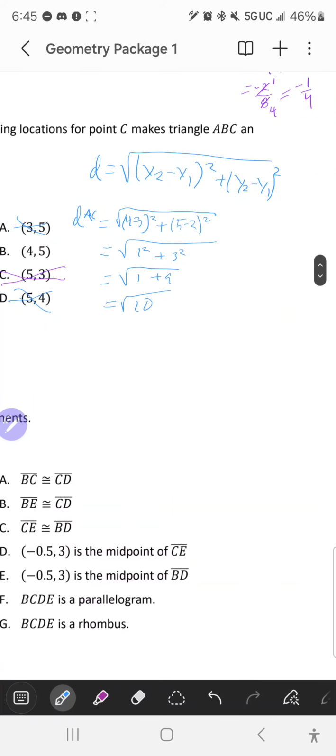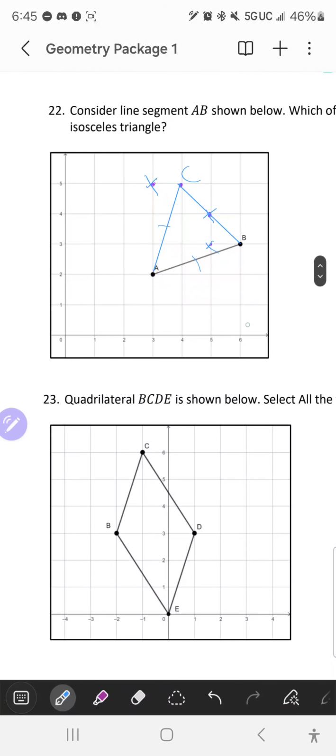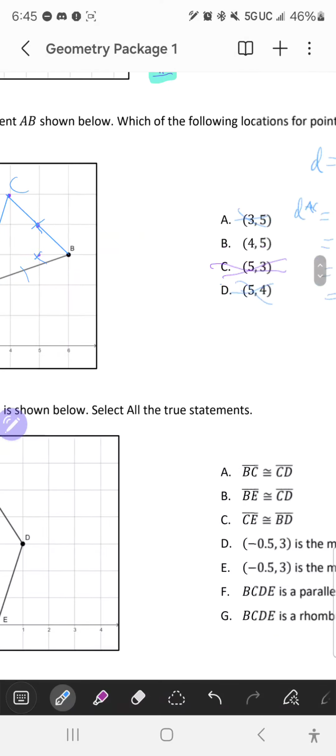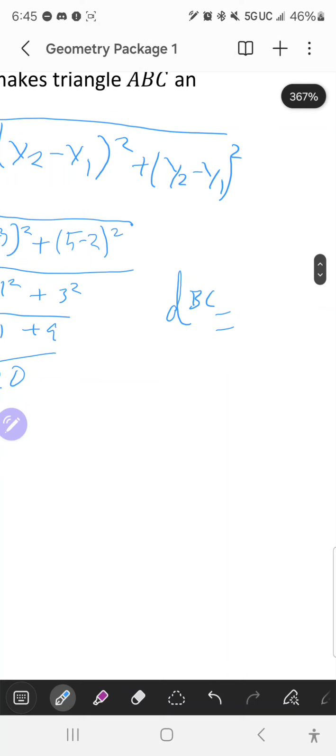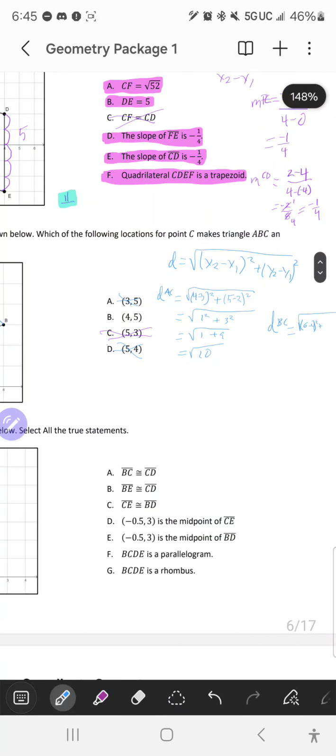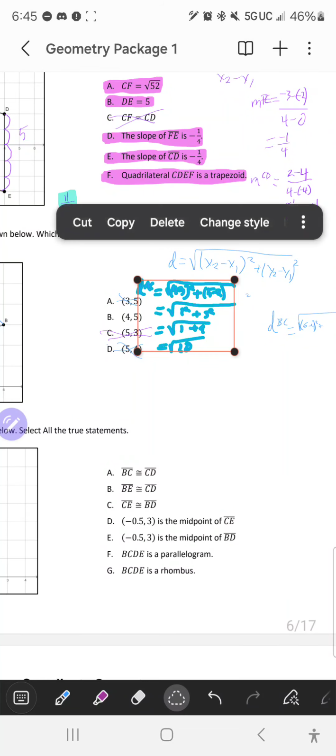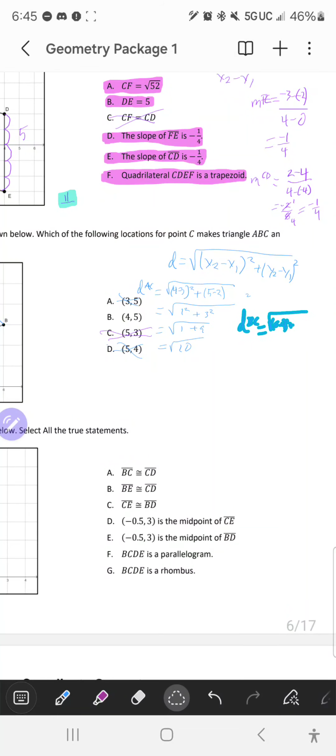Now the distance for BC is going to be equal to, x2 is 6 and x1 is 4, so 6 minus 4 squared, plus, I'm actually going to move this a little bit to the side so I can move this here.